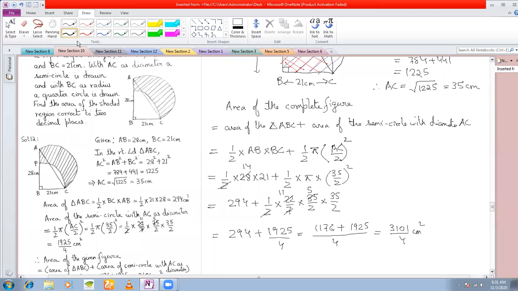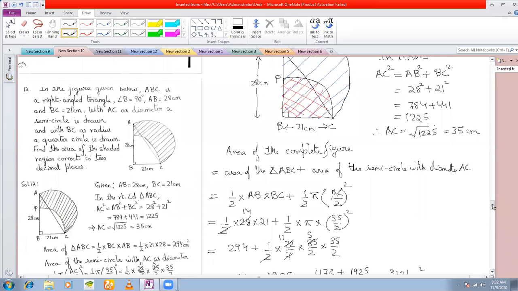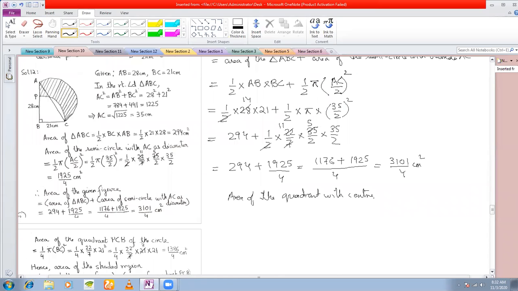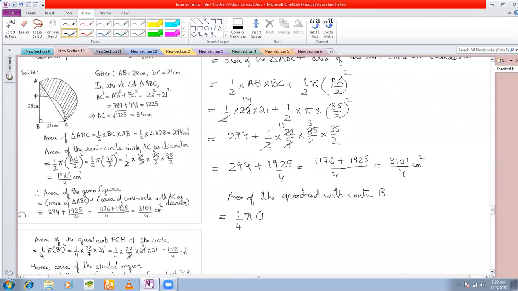Area of the quadrant with center B is equal to 1/4 of pi, and this time what is the radius? Can anyone tell me from the figure what is the radius of this quadrant? Sir, BC. BC, exactly. Pi into BC square.